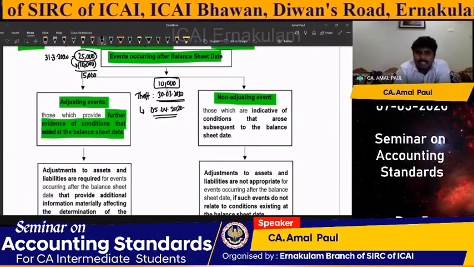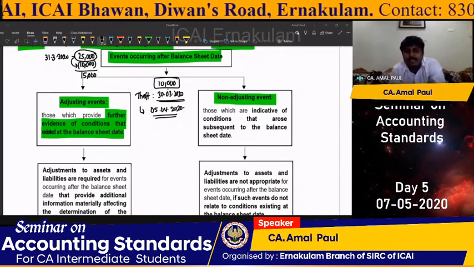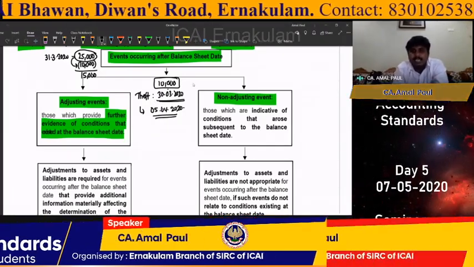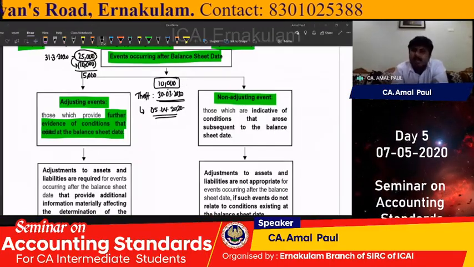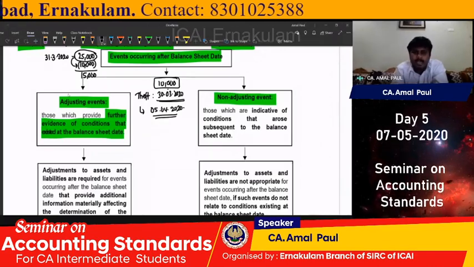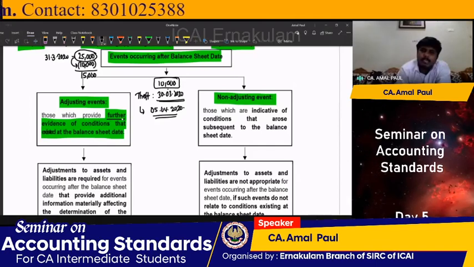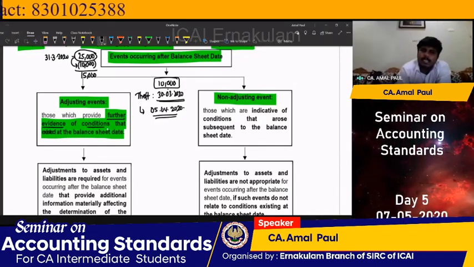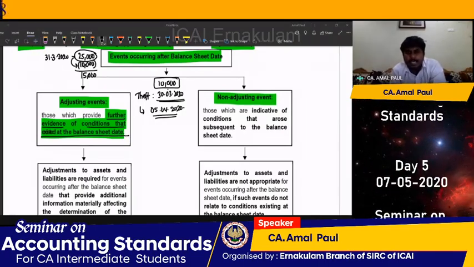So this item existed at balance sheet date, but was only discovered later. That is, it provides further evidence of a condition existed at balance sheet date. Is it clear? What is adjusting event?